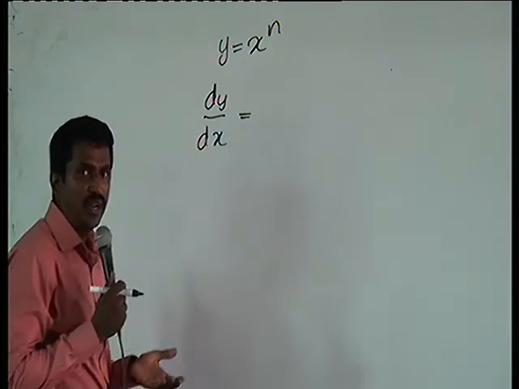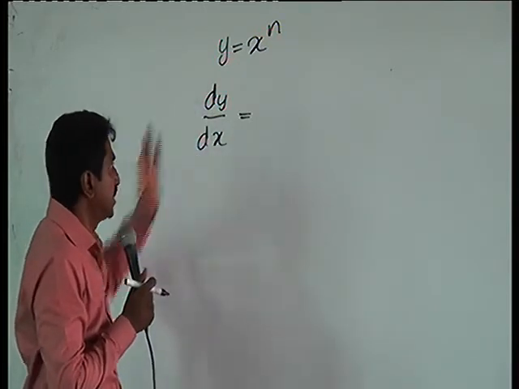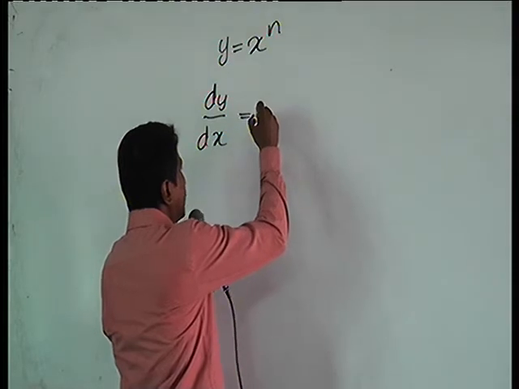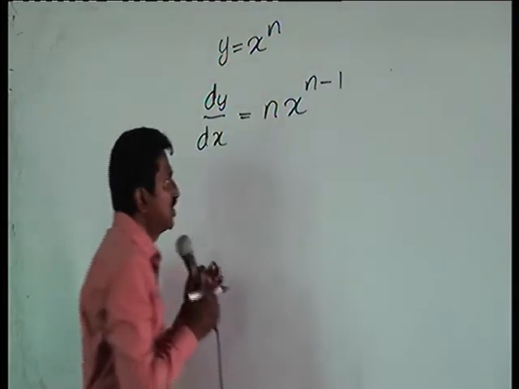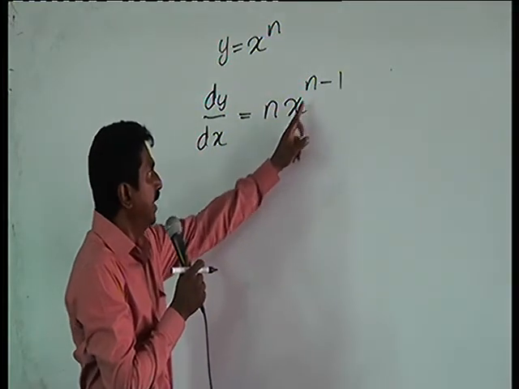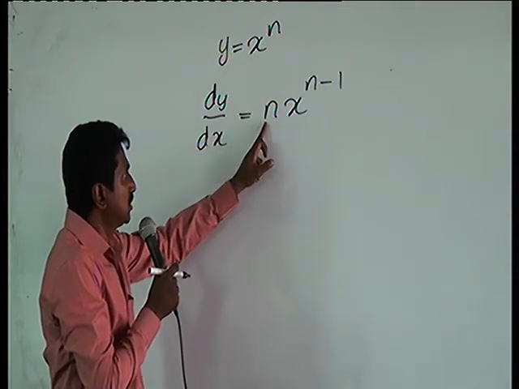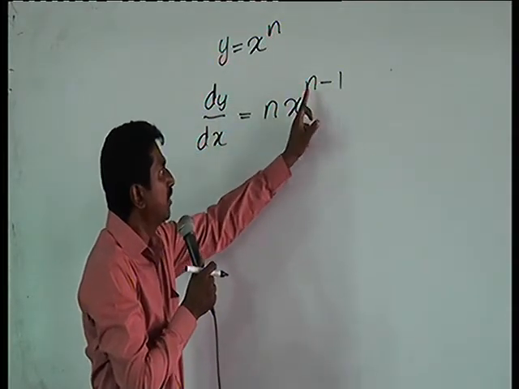We are going to calculate the value of dy by dx. Differentiation is dy by dx. So the formula, we have to remember this: n x to the power n minus 1. So this n comes into the front, x to the power n minus 1. The power is n minus 1.